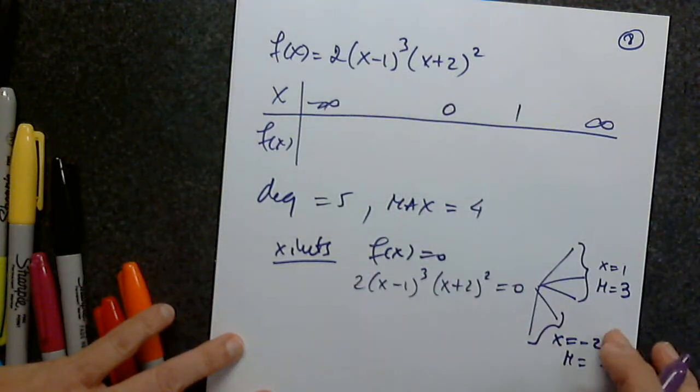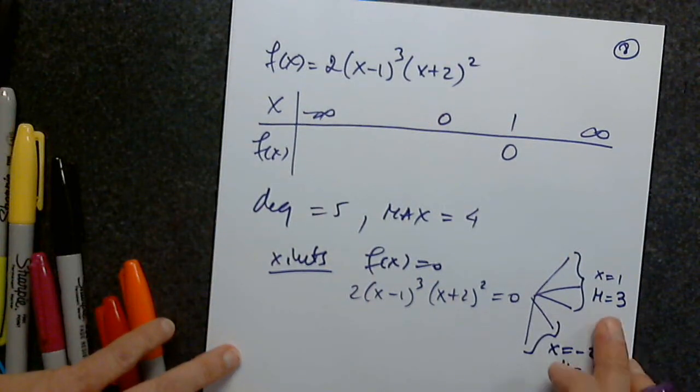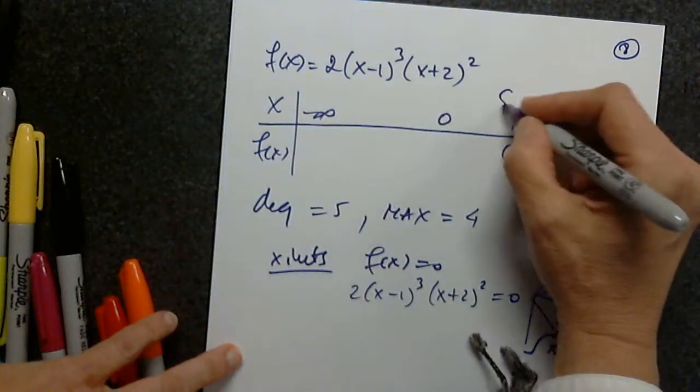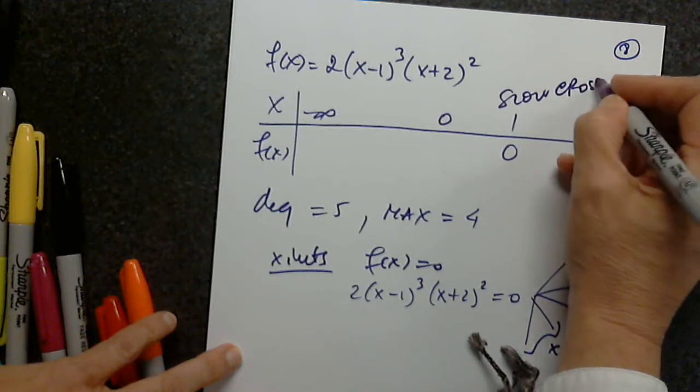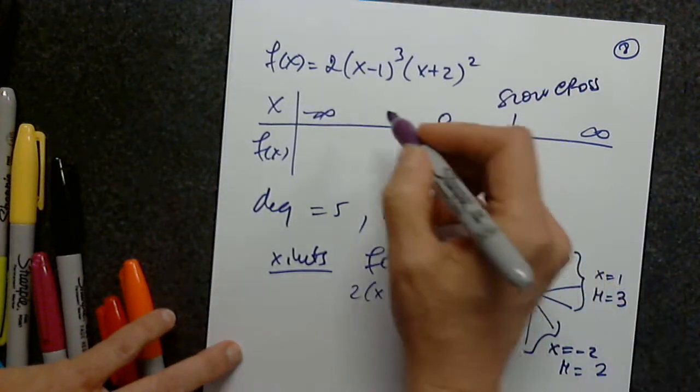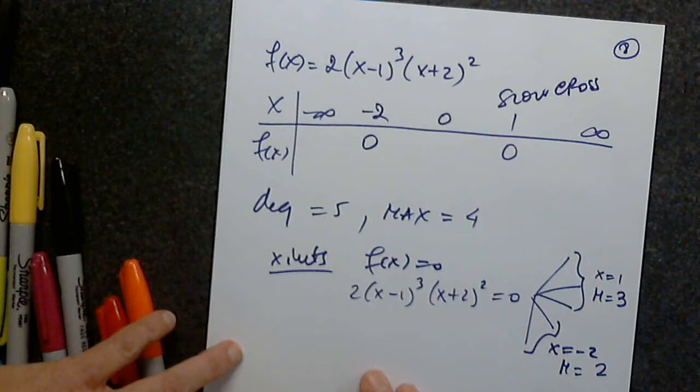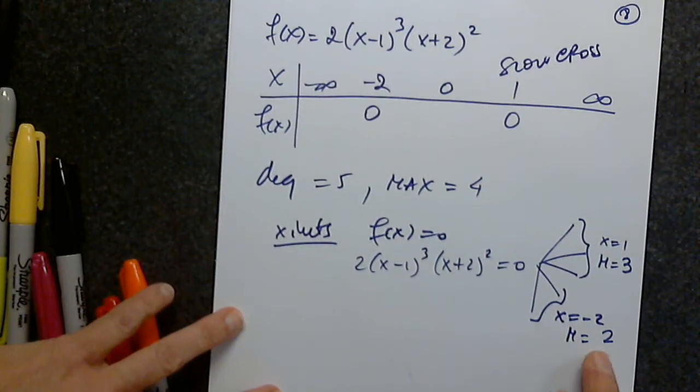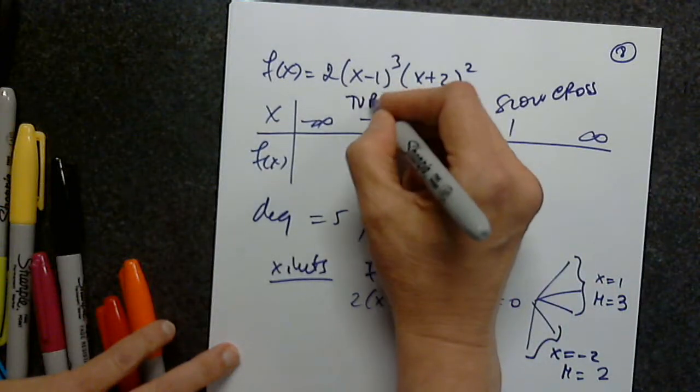So we have 1 comma 0. What type of cross or turn will this be? It's a cross. What type? Very good. Slow cross. Perfect. And then at negative 2 comma 0, what will it be? Very good. Awesome.